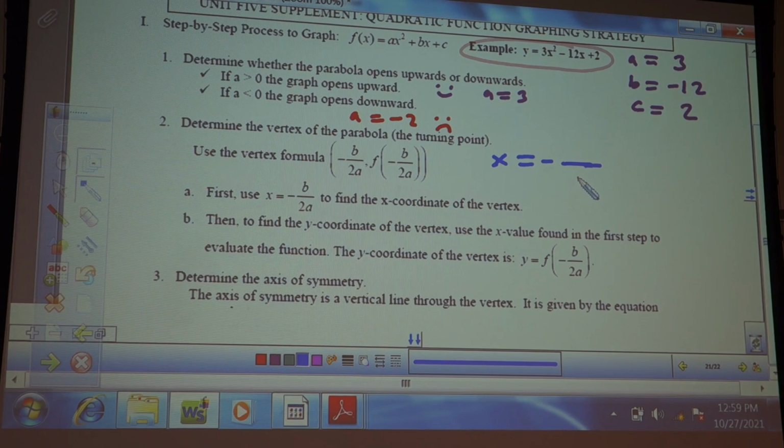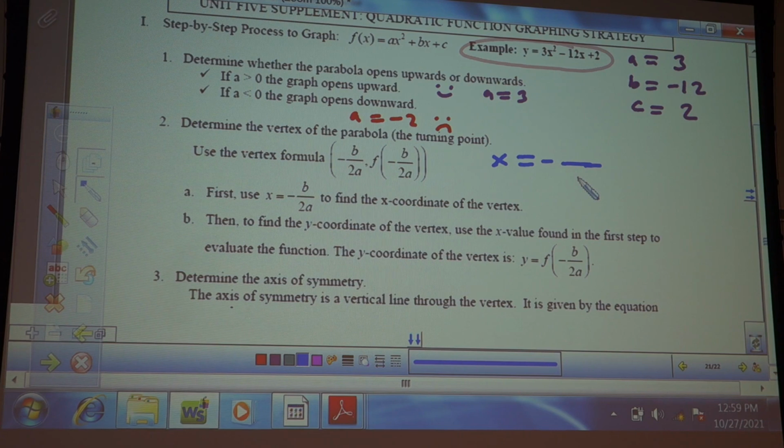Yep. Yep. Don't forget the negative in front. Oh yeah, don't forget the negative in front. It's negative and then this is negative 12.